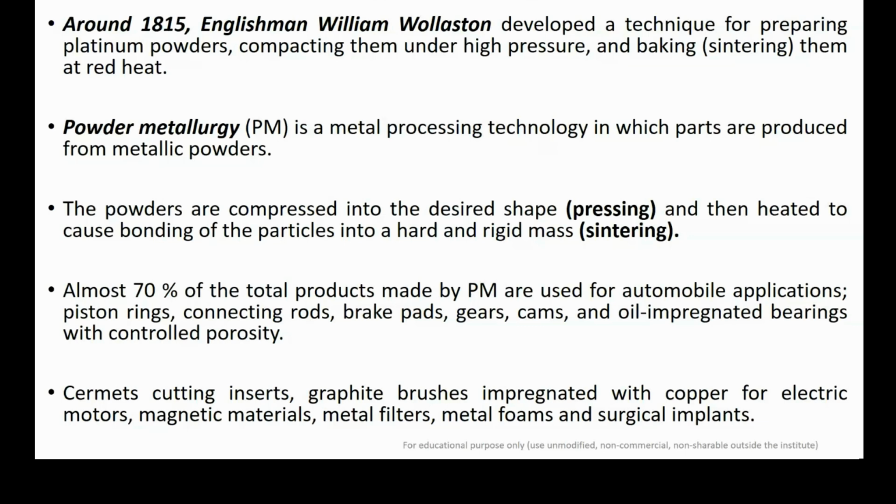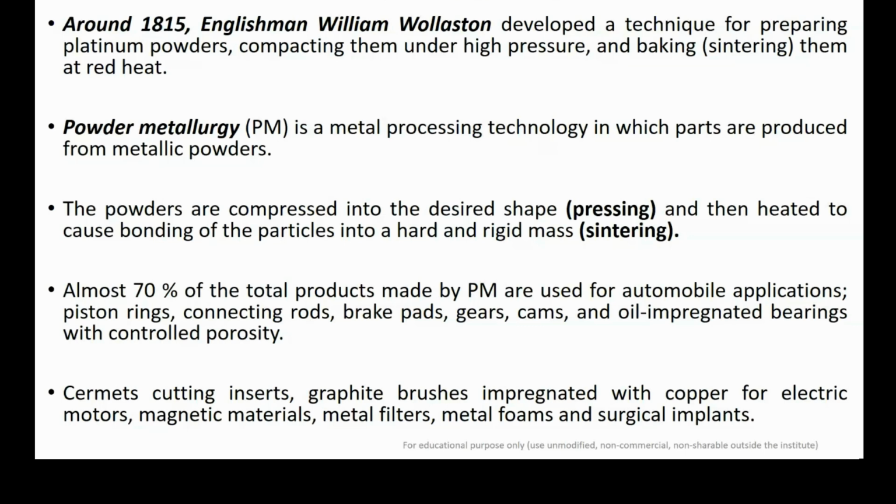The parts are piston rings, connecting rods, brake pads, which are used to stop the vehicle, complex shaped gears, mainly spur types, very fine, having very good surface finish, and then cams to control the opening and closing of the valves. And a very special application is the oil impregnated bearings, which have controlled porosity.